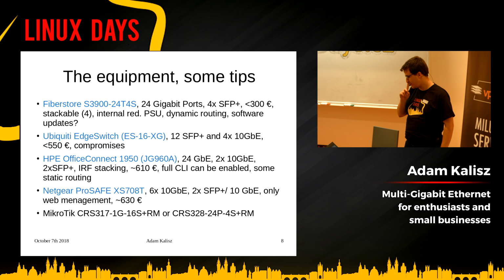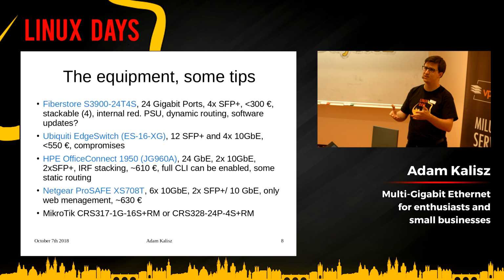I have to say, if you read the specs very carefully, in the OfficeConnect line I think you can connect only 2 of those aggregation switches. So instead of 4, you can do 2. But that should be sufficient for most people because of redundancy.